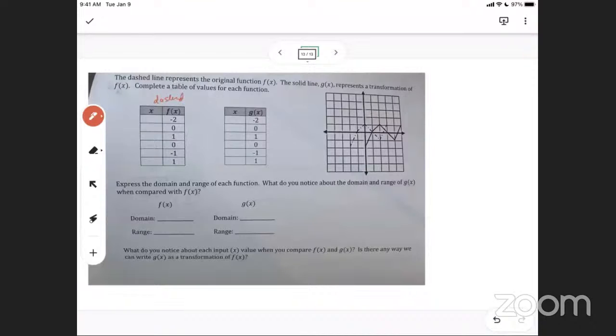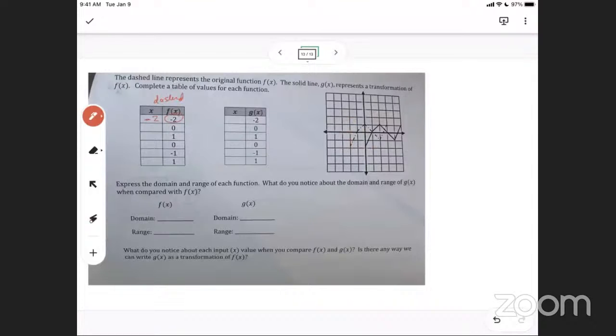So we're trying to find where it equals -2. Well, here's -2 right here, right? So I'm scanning to the left and looking for where it touches the graph. And it touches the graph right there at -2. You follow? So -2, -2 is your point.